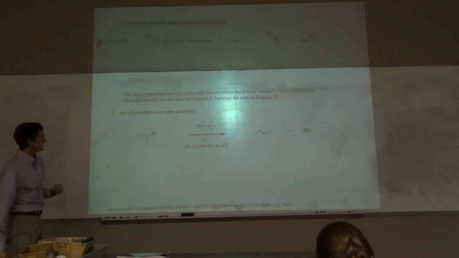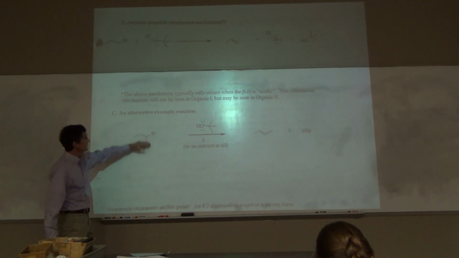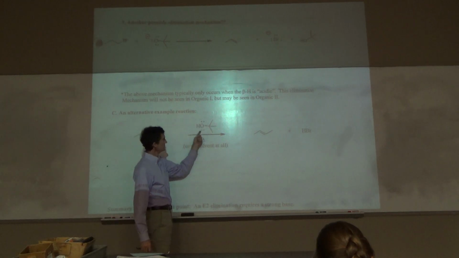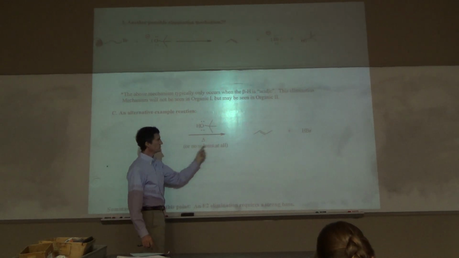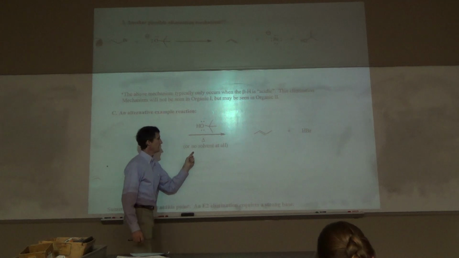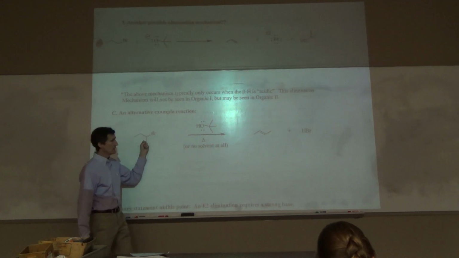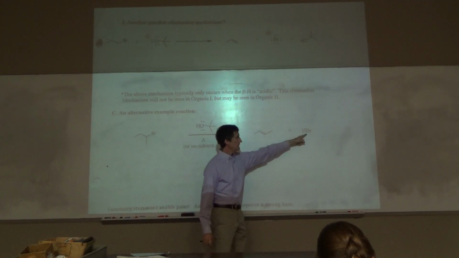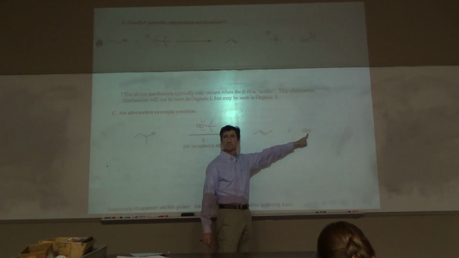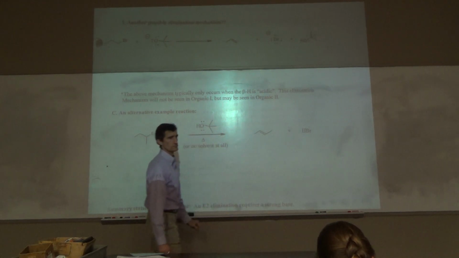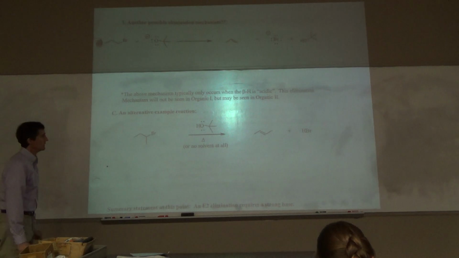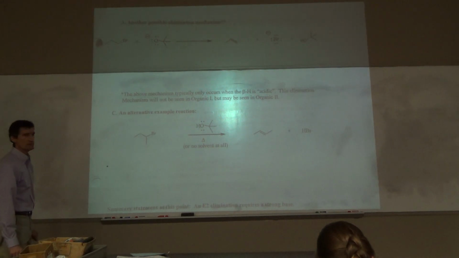Here's another example reaction. Let's see if we can predict the mechanism, etc. If you take this and just heat it in this solvent, or no solvent at all, it'll eliminate HBr. Mechanism for this. Is it E1 or E2?